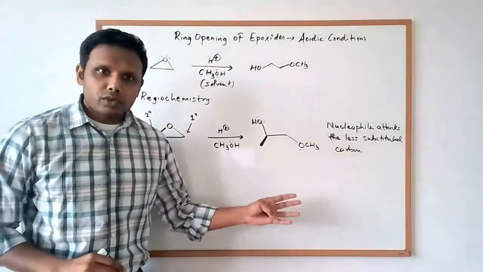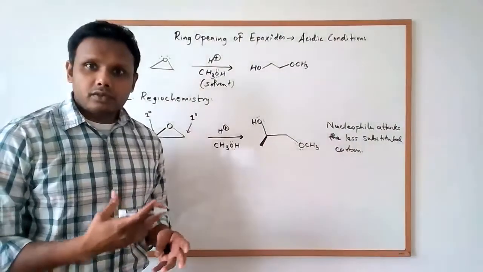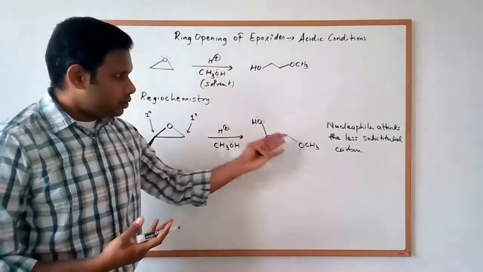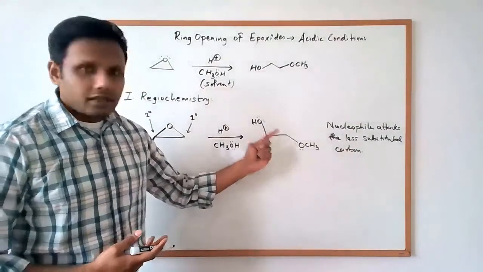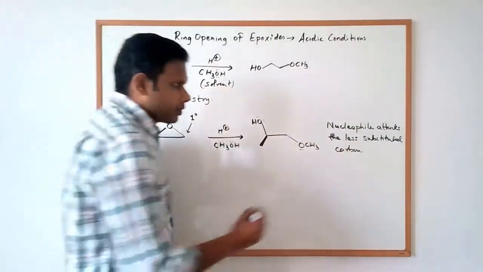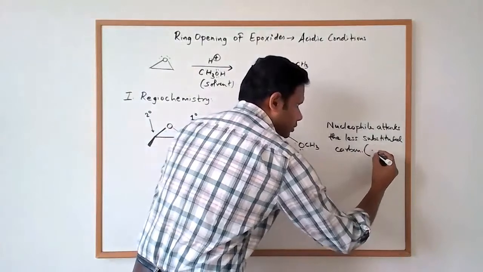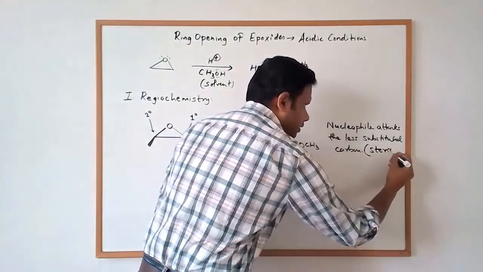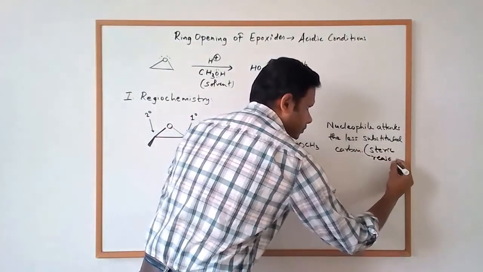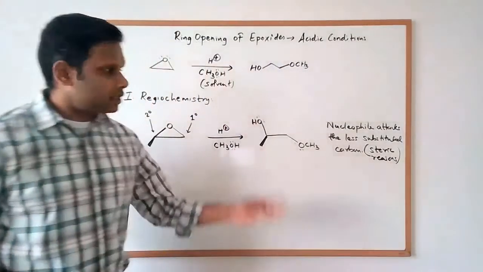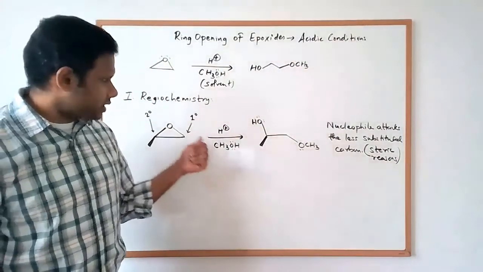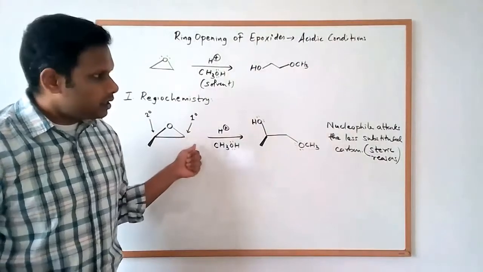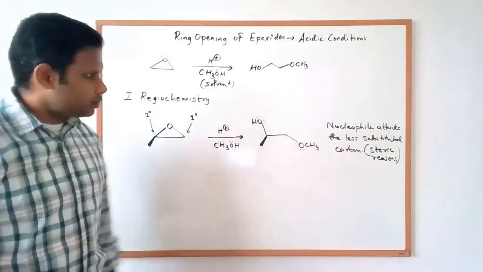So very similar to what we observed in case of a nucleophilic attack, the nucleophile has attacked the less substituted carbon. And this can be explained based on steric reasons. Okay, so steric reasons can explain this because when the nucleophile is attacking, it is attacking the less hindered carbon. That is what it's doing.